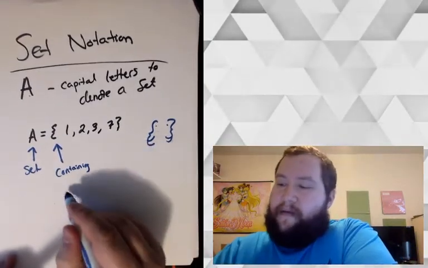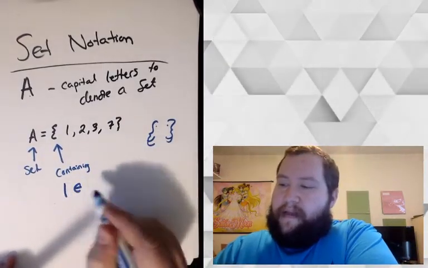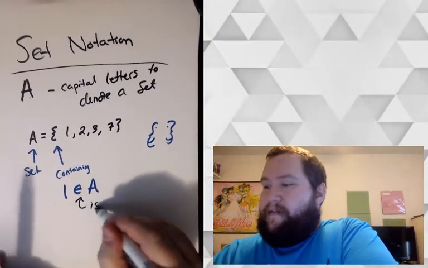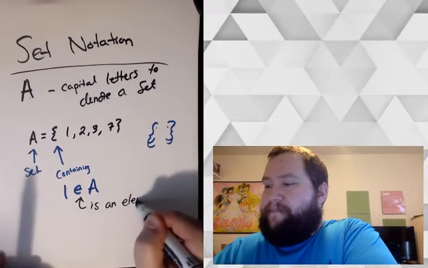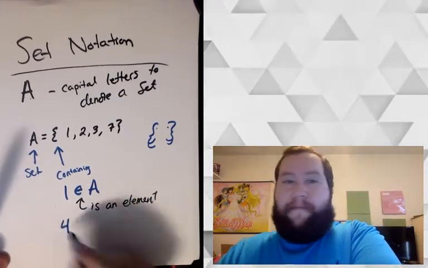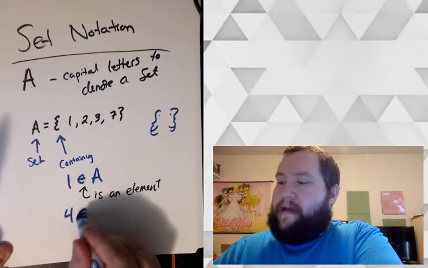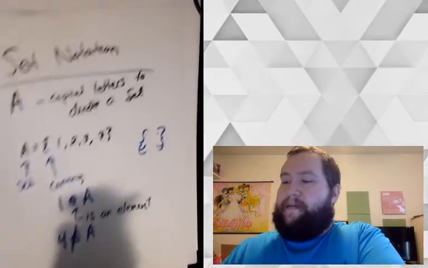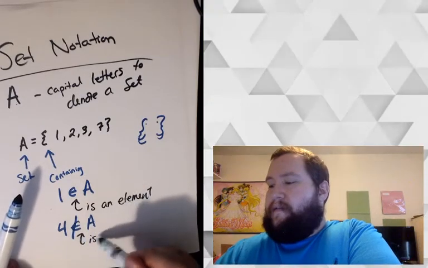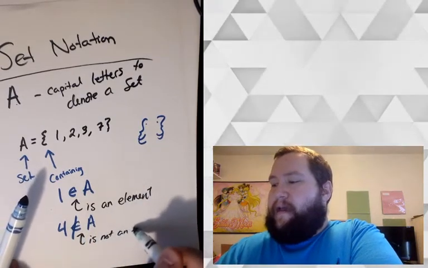We can say that 1 is an element of A. But 4 is not an element of A. So that is not an element.